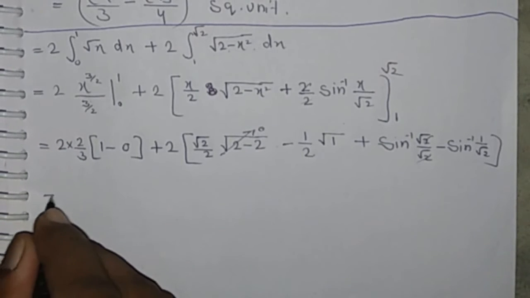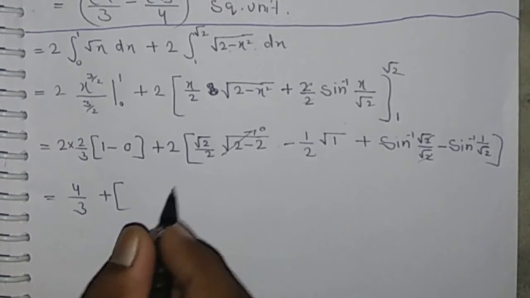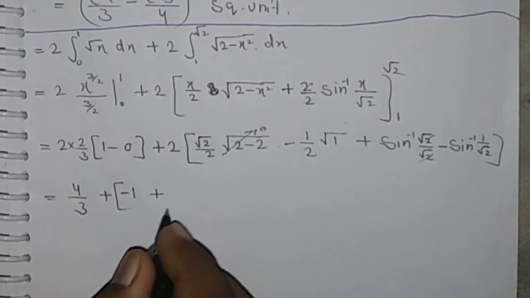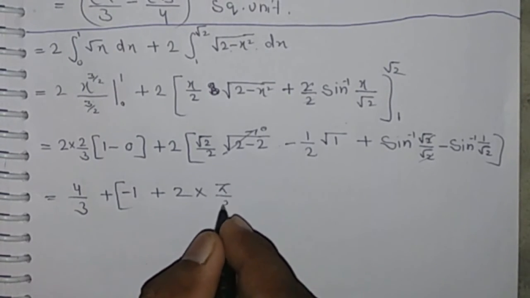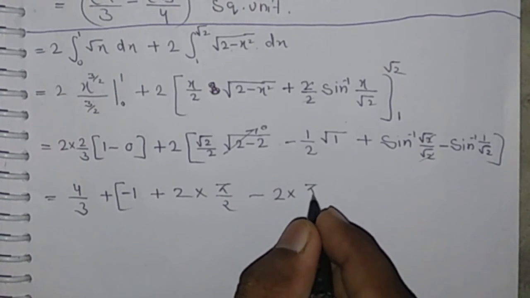Then we have 4 by 3 plus 2 into minus 1 by 2 plus 2 into sin inverse 1, which is pi by 2, minus sin inverse 1 by root 2, which is pi by 4, so 2 into pi by 4.